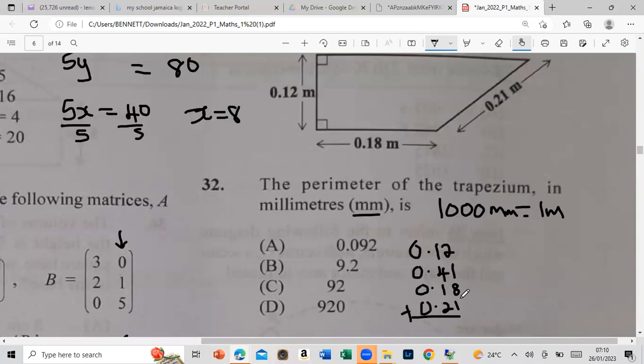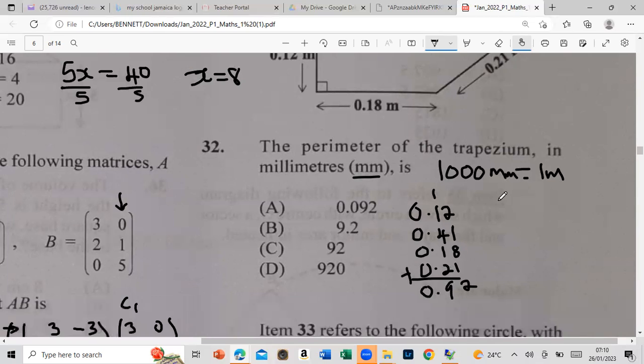So 1 and 8 is 9, 10, 12. That's 2, 1. Let's add 2 and 1, 3, and that's 7, 8, 9. So in the end, it's 0.92. So I think I see the answer to be 920. So 0.92 times 1000.